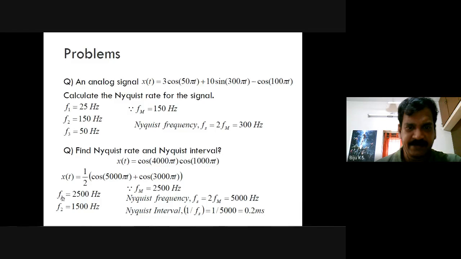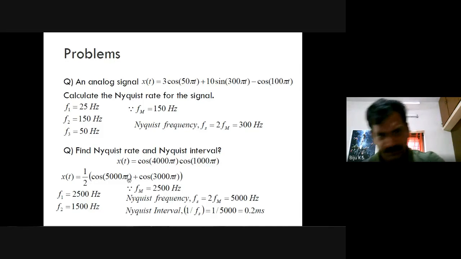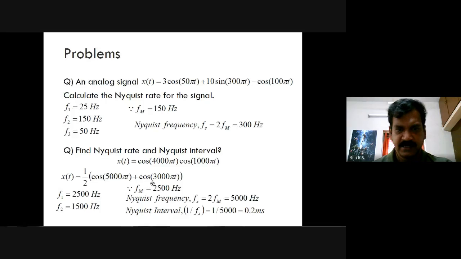First frequency is 2 pi f t, where f1 is equal to 2,500. Second is also 2 pi f t, so f2 is half of this one, that is 1,500. So our maximum frequency is 2,500, and the Nyquist rate frequency fs is equal to 2 times f1, equal to 5,000 hertz.